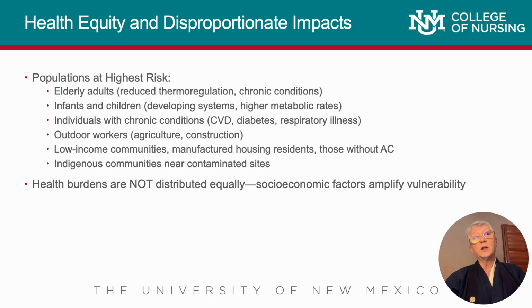Here's the key point I want you to understand. Health burdens are not distributed equally. Socioeconomic factors and historical injustices amplify vulnerability. As nurses, we have a responsibility to recognize these inequalities and advocate for the most vulnerable populations. Environmental justice is a nursing issue.